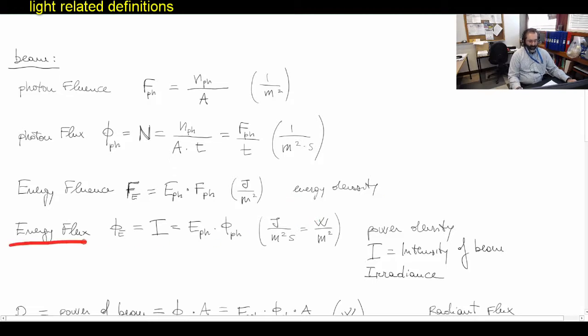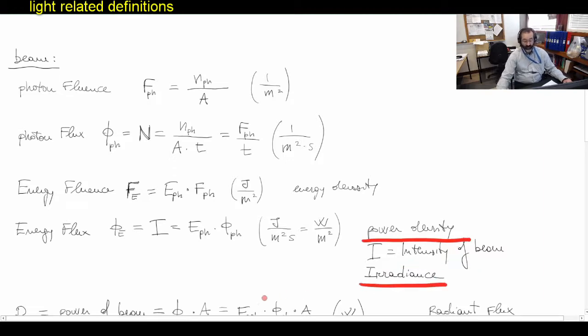Then we also have the energy flux, Φ_e, which is effectively what we also call the intensity of the beam. We indicate it with I also, and this is effectively the photon flux times the energy of the photons. The units are joules per square meter per second, or watts per meter squared. The energy flux is often called the intensity of the beam, or also power density, or also irradiance.